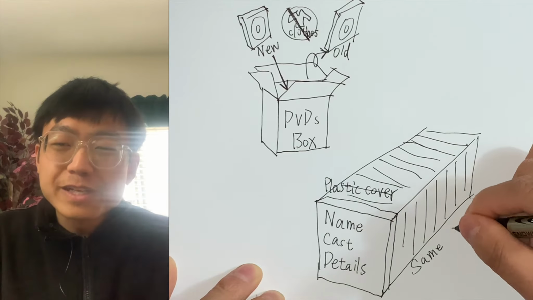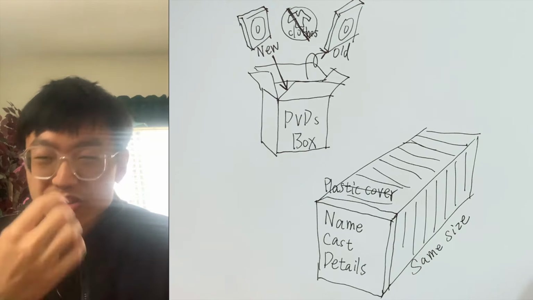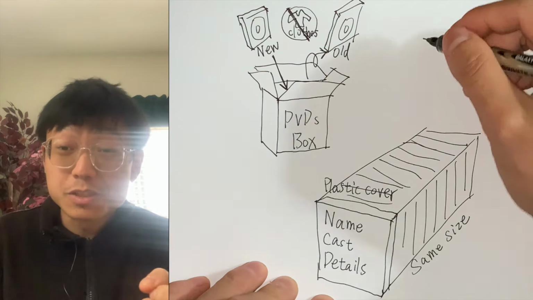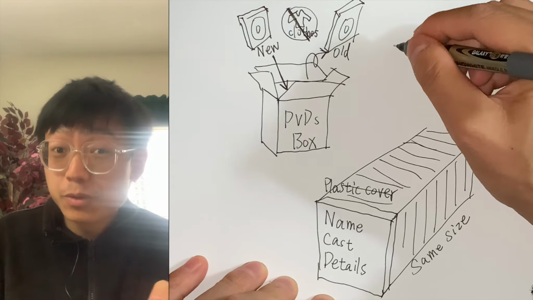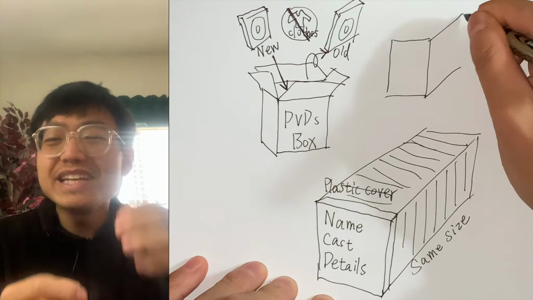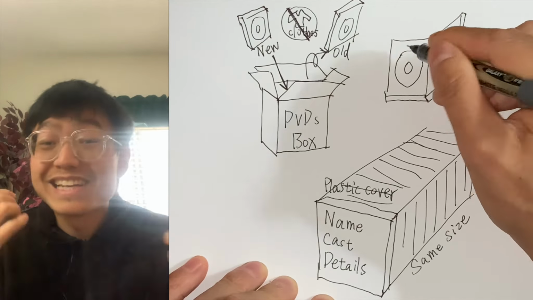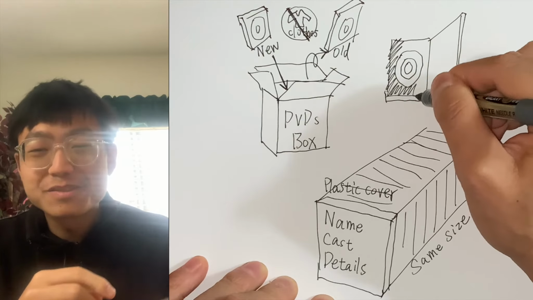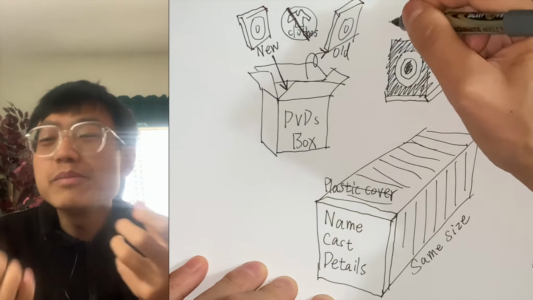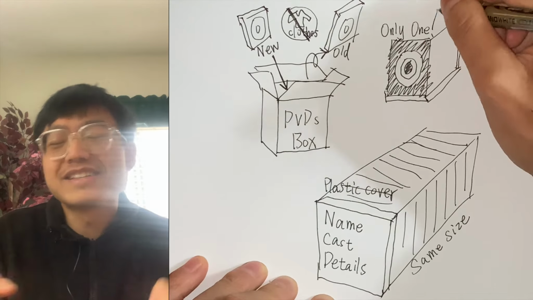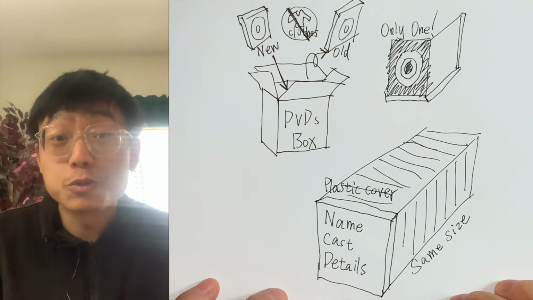You may not actually name the DVD box, but when you want your sister to fetch the DVD, you tell her that the DVD is inside your DVD box, and she would instantly know where to find the box. And this is a very simple yet realistic scenario that is easy to understand and relate to.